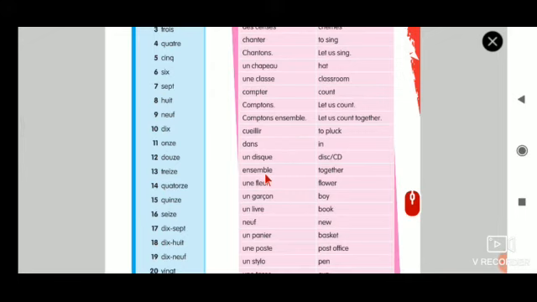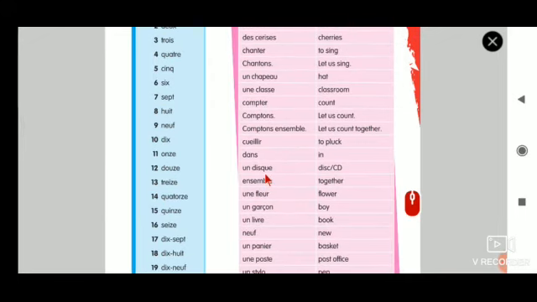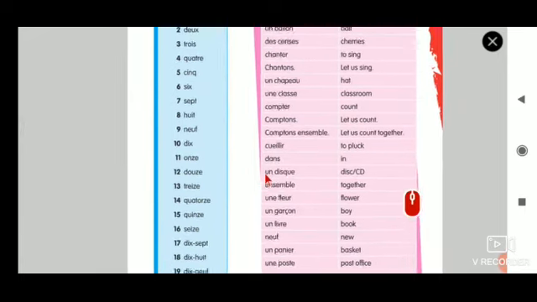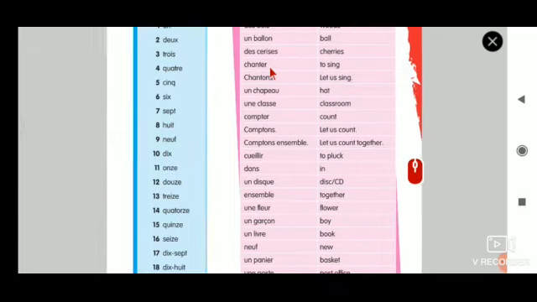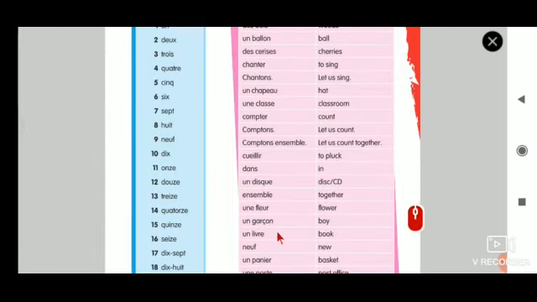The next word is des séries. Where is series? Des séries. Okay, so the last word we will say, un livre. So here is un livre. Fine.